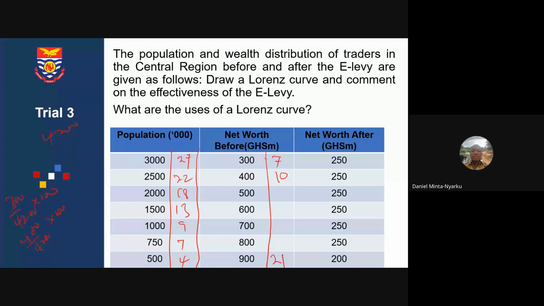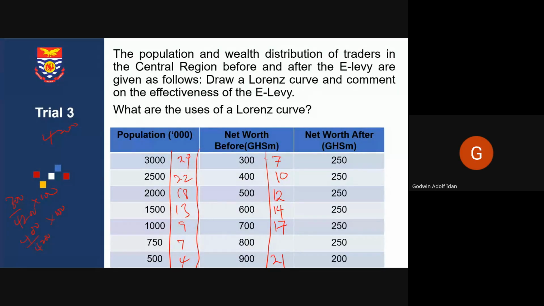No, 500 is 12. And 700. 700 is 17. It's 16.66, so I round it to 17. That's fine. 600 is 14. Okay.